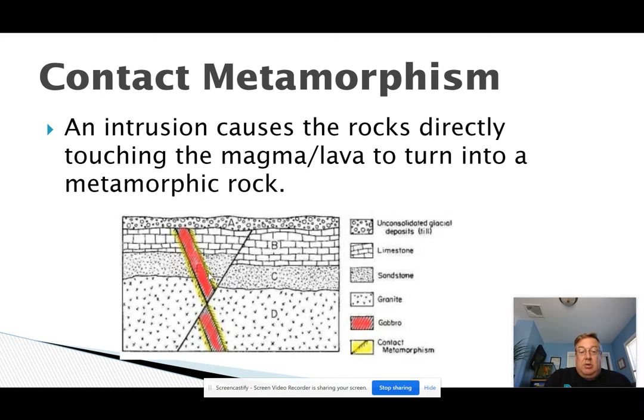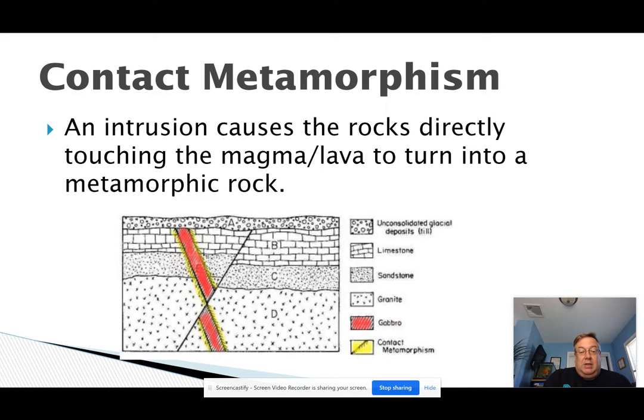And for limestone, it's going to turn into marble. So layer B with the bricks, when I look at the key here, this is limestone. So that means it's limestone out here, but where I get the yellow contact metamorphism, that's going to be marble. Okay, so hopefully that makes sense.